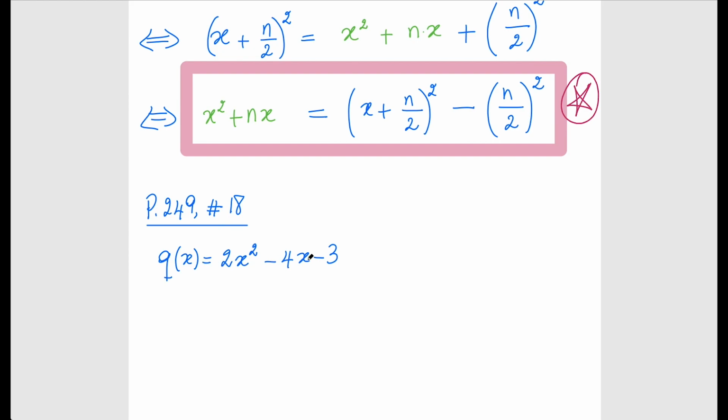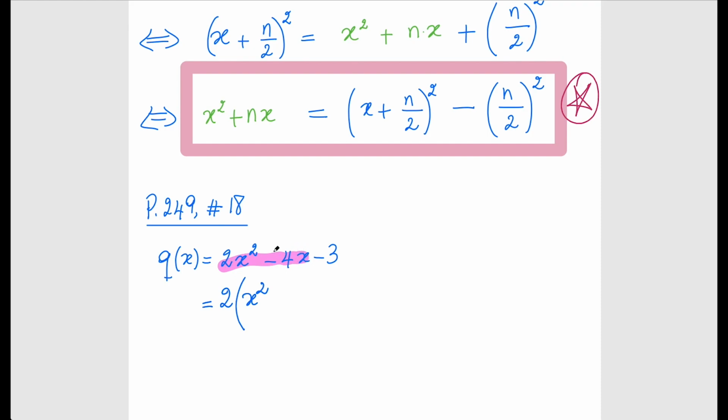So we're going to transition from this writing to the vertex form. Let's set the stage for star to kick in. So I would like the coefficient of x squared to be 1, right? And it's 2. So what I'm going to do is factor out a 2 from here so that it becomes x squared, right? And I'm also going to factor it from this term.